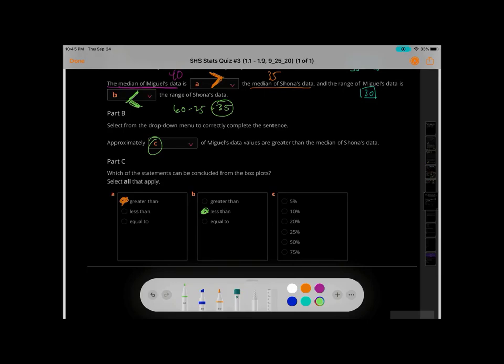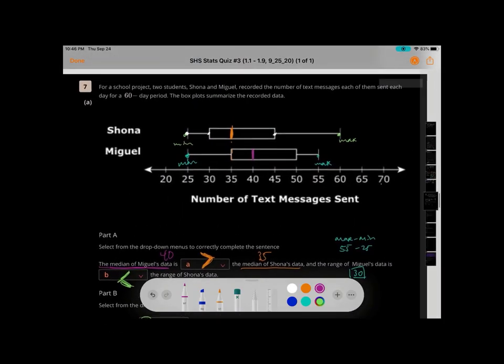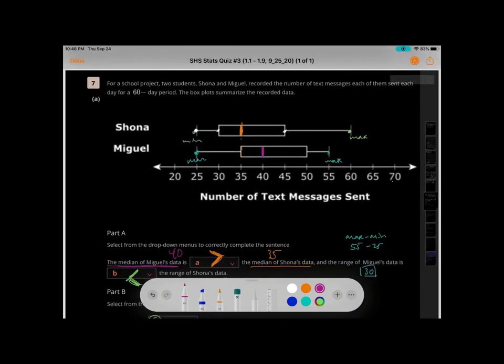So let's figure out the median of Shona's data. The median of Shona is right here. Okay, let's make this super obvious. I'm drawing that line and I'm comparing.